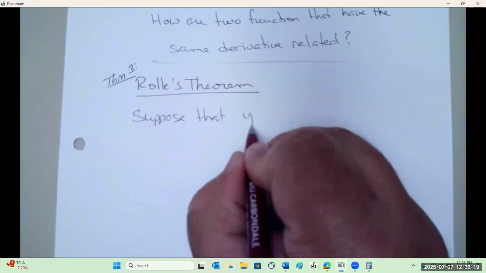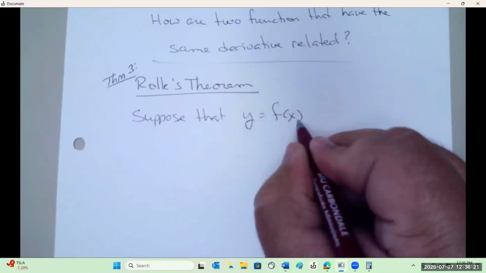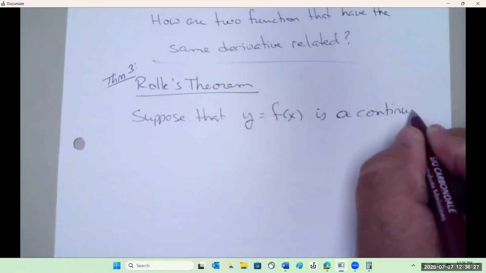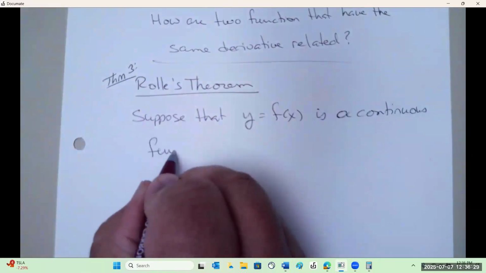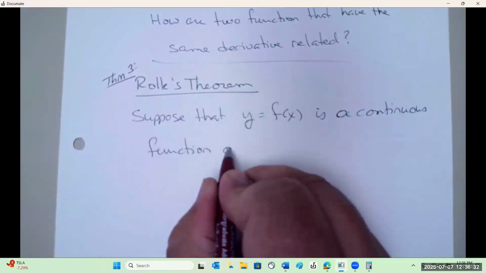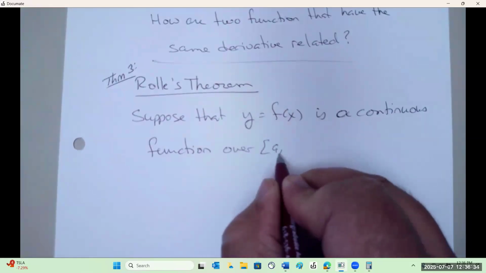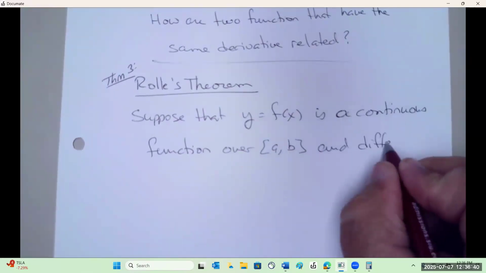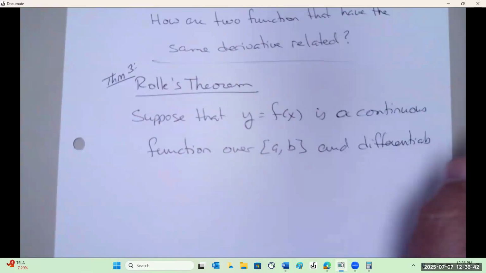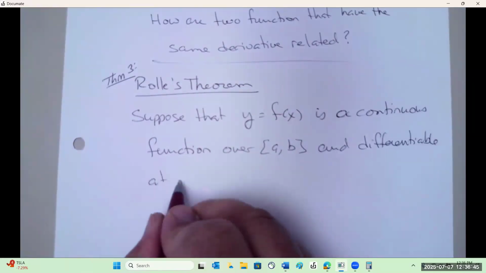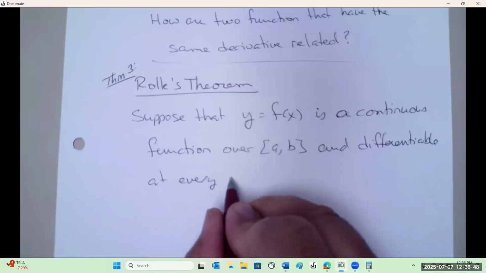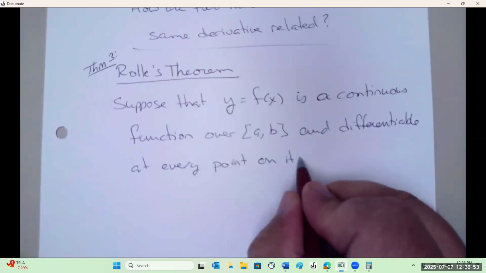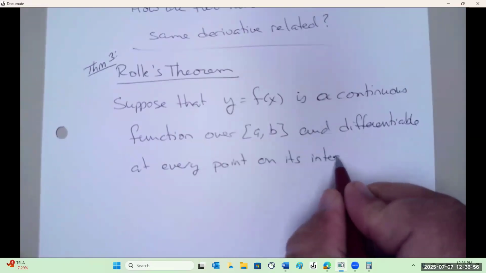Suppose that y equals f of x is a continuous function over a closed interval and differentiable at every point on its interior.